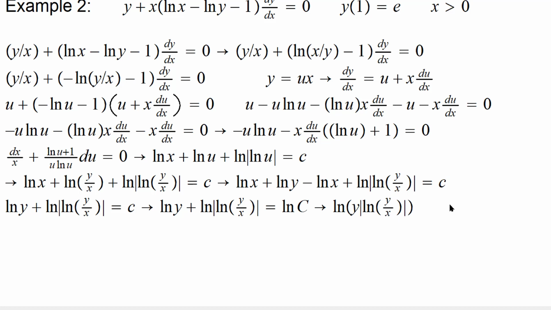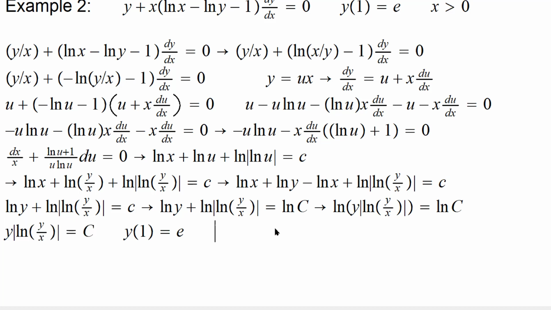And that equals ln of big C. Natural log is a 1-1 function, so we get this quantity equals C, and our initial condition is that when x is 1, y is e.